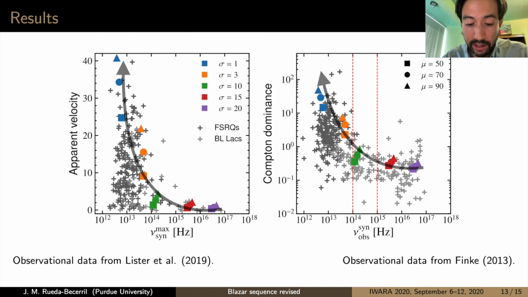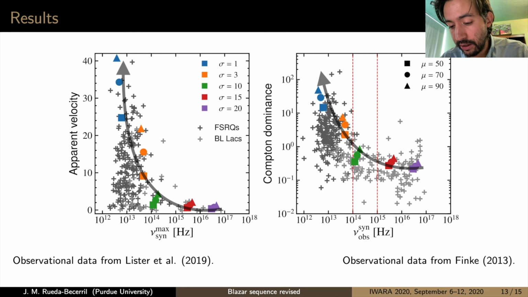The gray arrow in both plots shows the trend of increasing luminosity, and these are just for you to guide. So we have low luminosity objects going towards high luminosity objects.